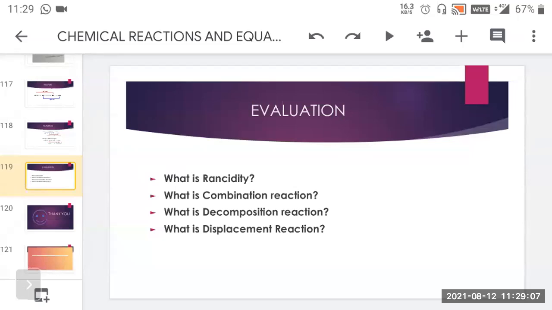Same case for the double displacement. What happens in the double displacement reaction? Here 2 elements are replaced. In single displacement only 1 element is replaced, whereas in double displacement 2 elements are replaced. And here also a metal will only replace a metal and a non-metal will only replace a non-metal.